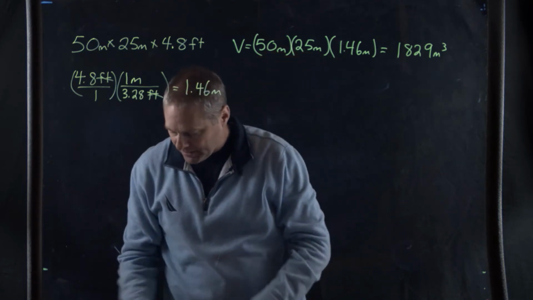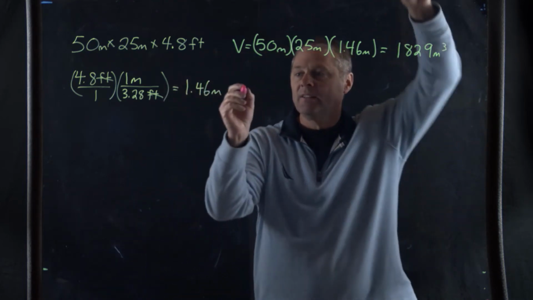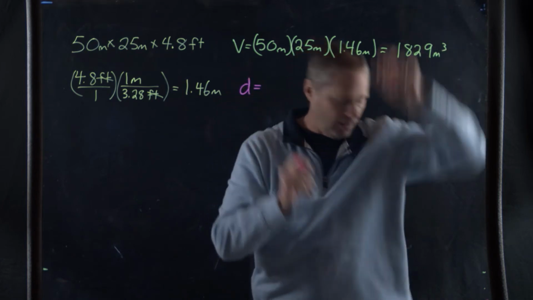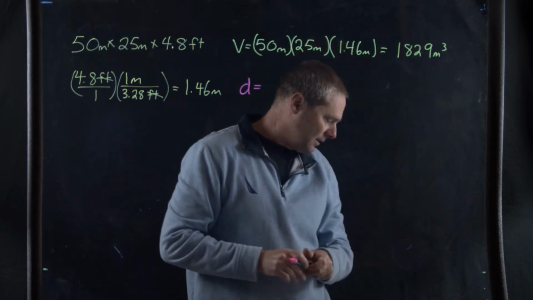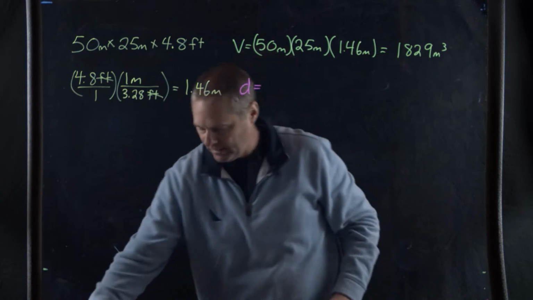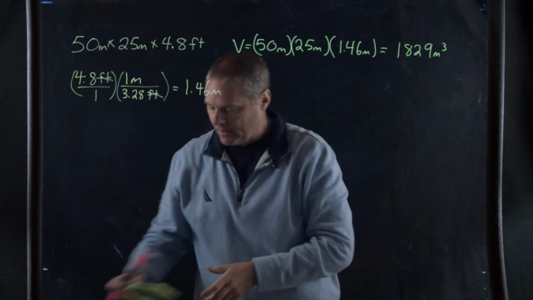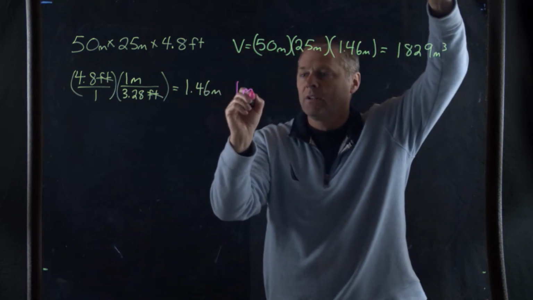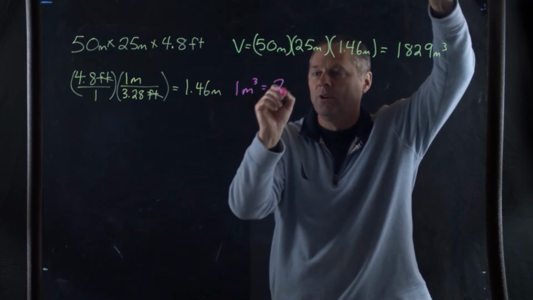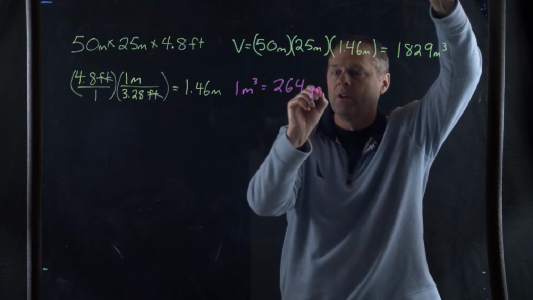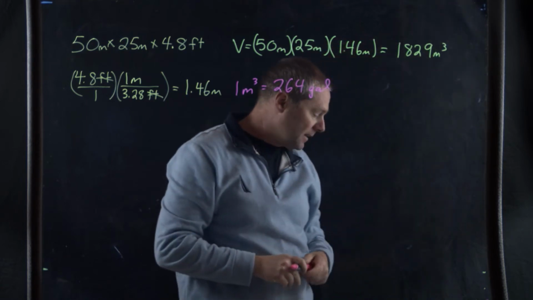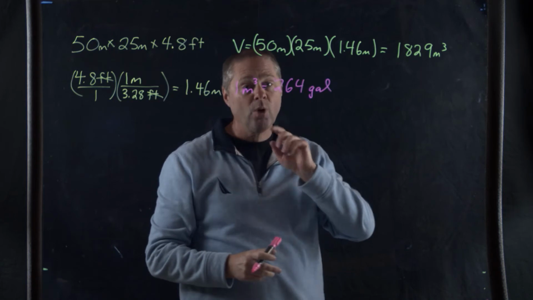Now, what we were given, I'm sorry, not density, we were given the following conversion, that 1 cubic meter is equal to 264 gallons. Now, the problem asks for how many gallons of water.